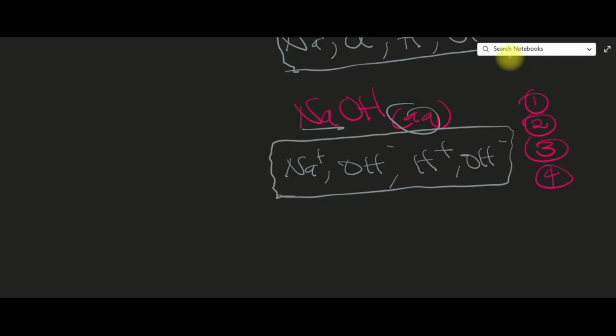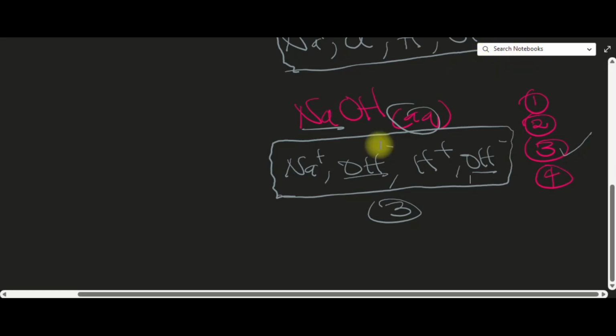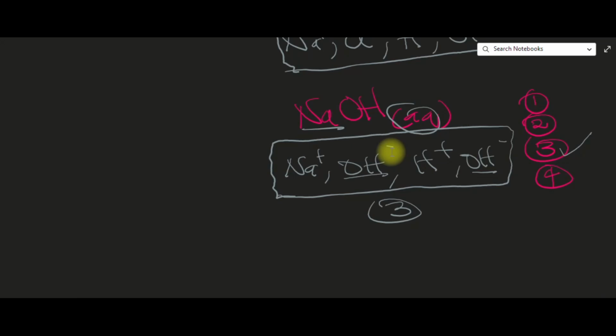We have only 3 types of ion in the solution. 3 is the correct answer. OH- and OH-, no difference, whether it comes from water or from your alkali. So at this level, you can have a maximum of 4 ions in the solution, a minimum of 3 ions in the solution if you have electrolysis of an aqueous electrolyte.